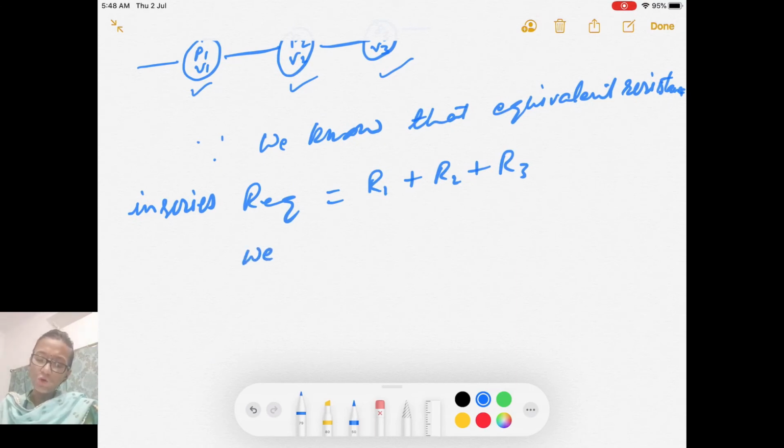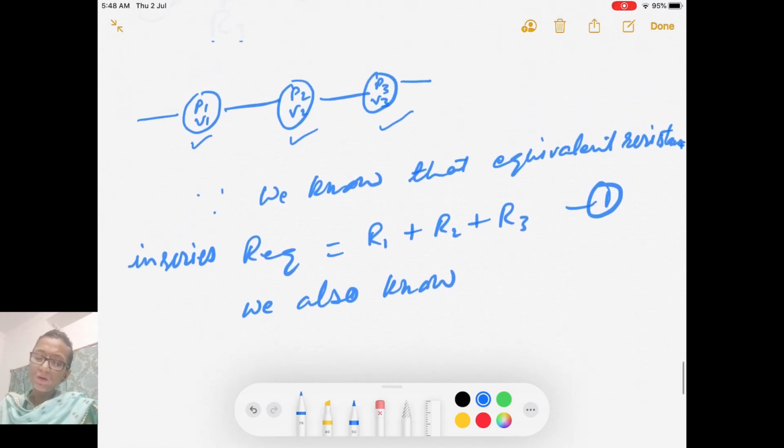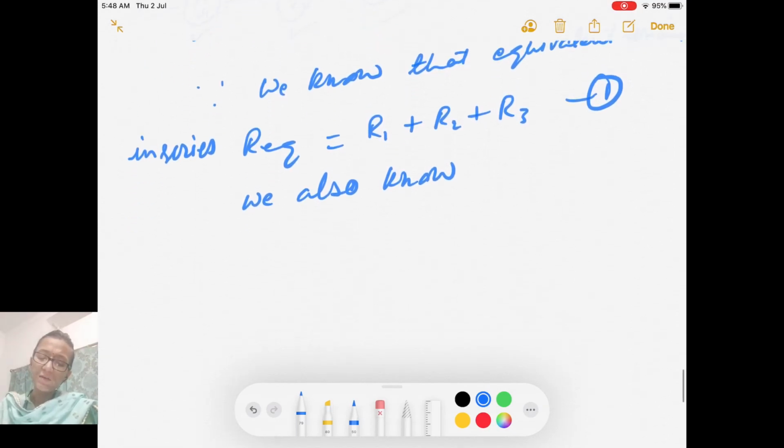and we also know that in series your current is the same. So let me write in terms of current.